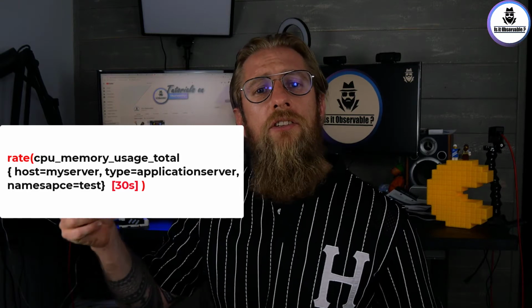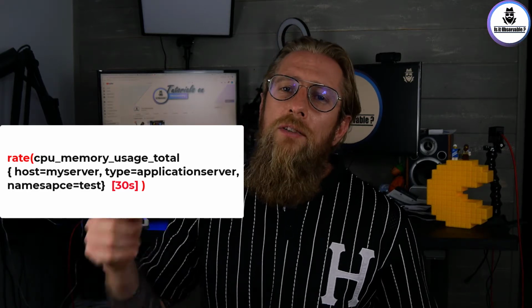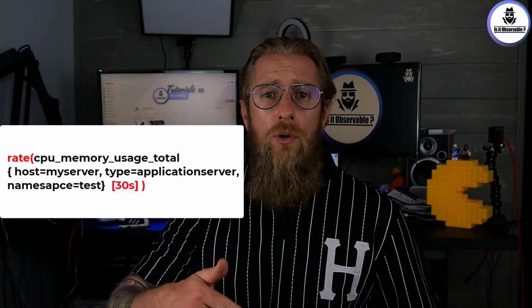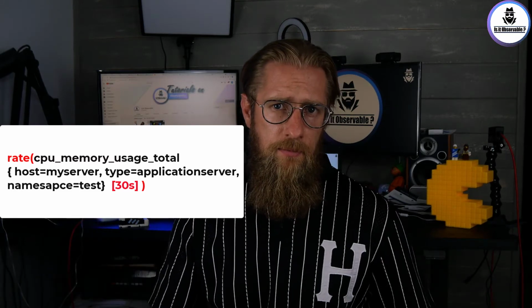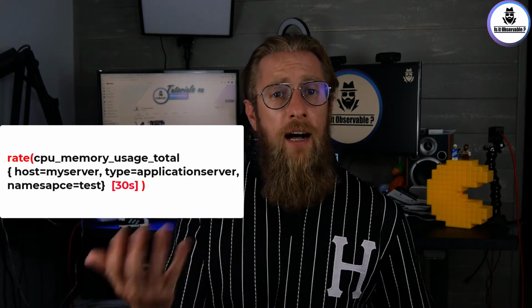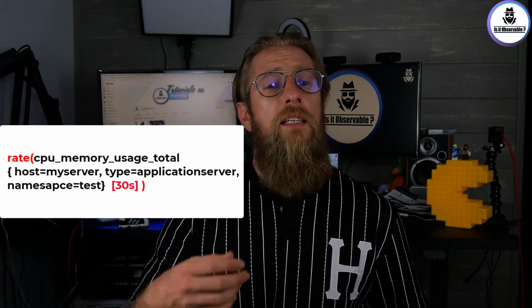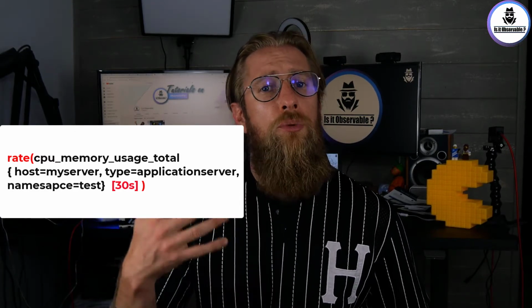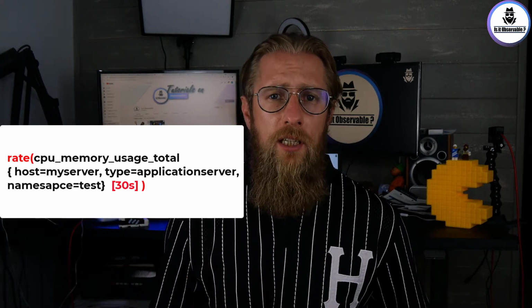The 30 seconds means evaluate the rate from now to the last 30 seconds. So this query will return the value of the CPU memory usage per second over the last 30 seconds.